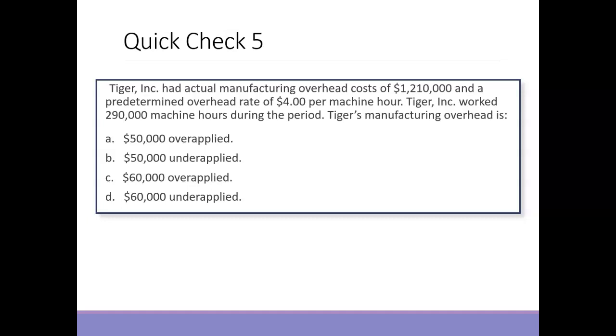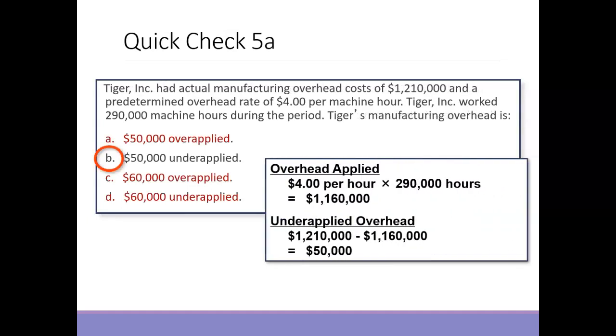So 290 times 4 is what? I would say it means they underapplied. Yeah, I get it. Yep, you're right. They underapplied it because the actual costs are greater than what was assigned to the products. Okay?